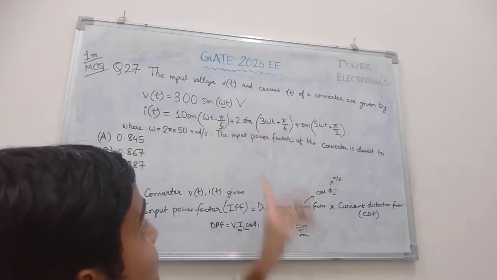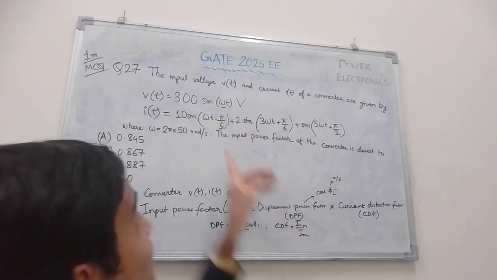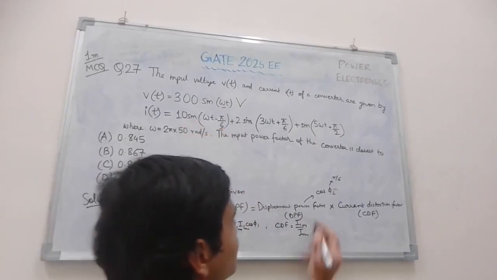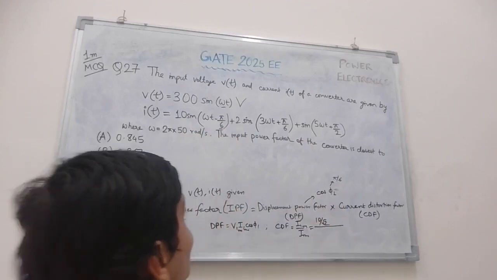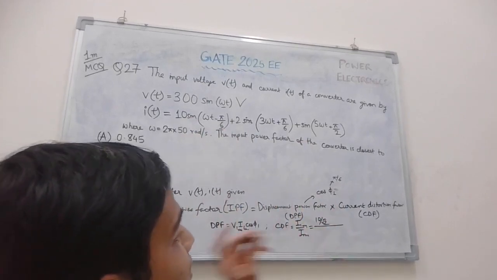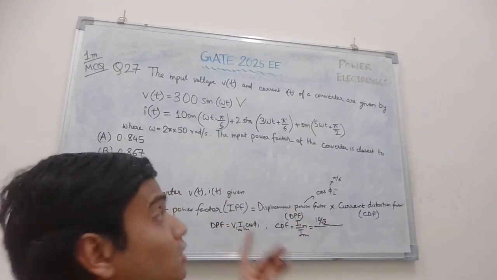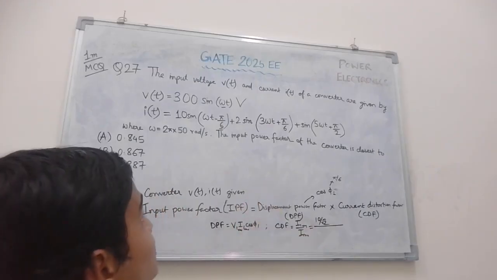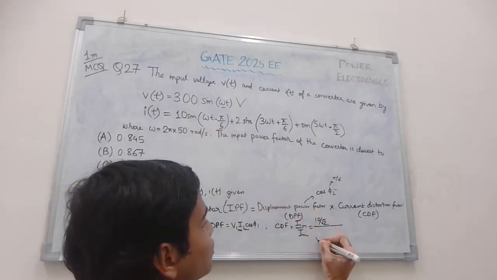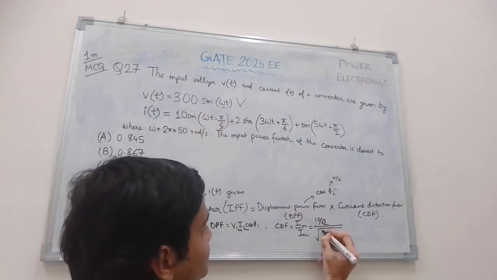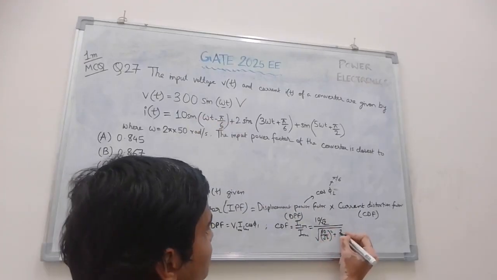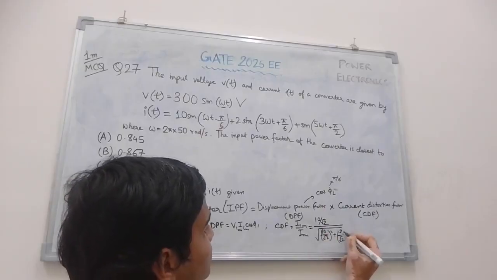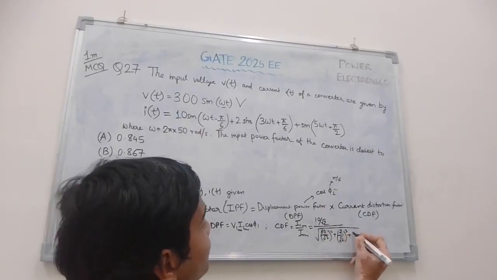So there are 3 components. In I1 RMS, only the RMS value of the fundamental frequency, that is 10 by root 2, will appear, and in the denominator we have the RMS value of the total current waveform, which is under root (10 by root 2) square plus (2 by root 2) square plus (1 by root 2) square.